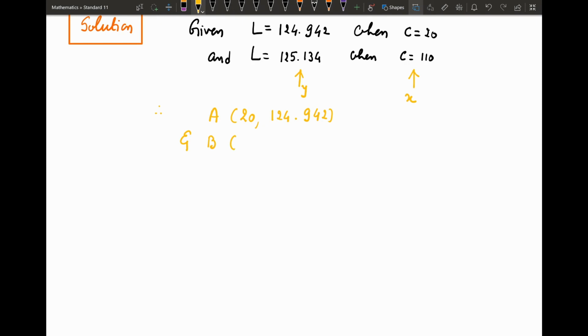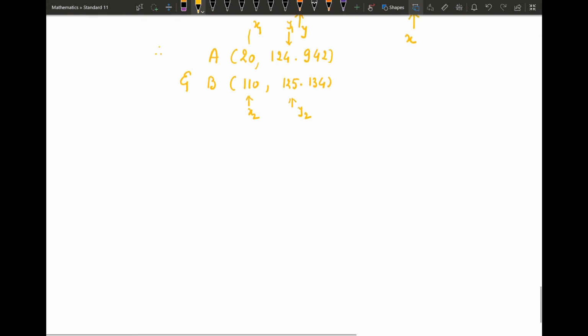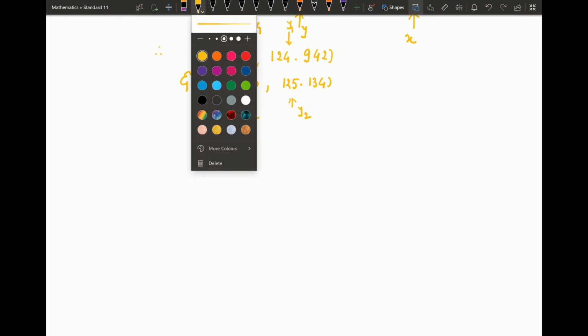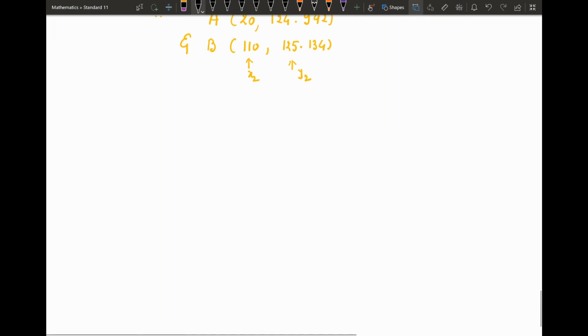You can interchange the coordinates, but in that case the linear relation will be different. So this one is x1, y1 and this is x2, y2. To get the linear relation we will use the 2 points form, so the required equation is the linear relation using the 2 points form.